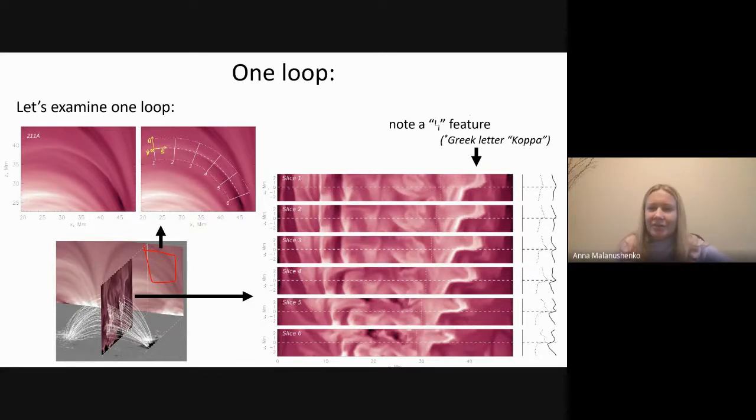I had to do the line of sight, and in this case horizontal, integral of this rectangular subvolume. And as you see, there is a bump in each of those slices, and this bump is what we would call a cross section of a loop.